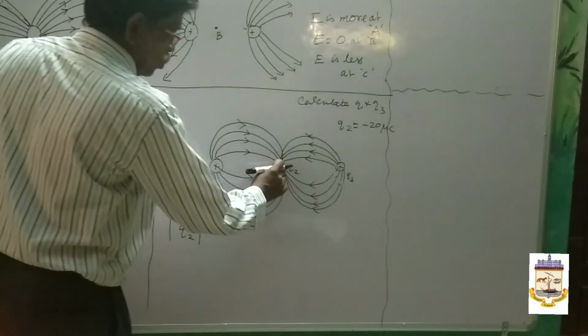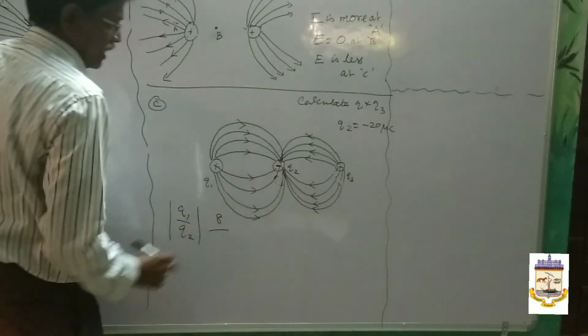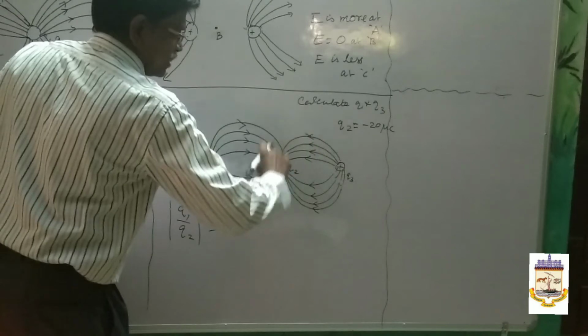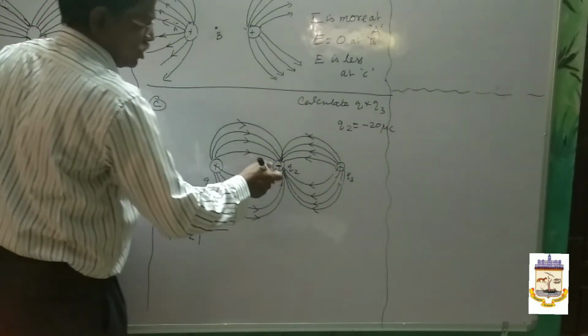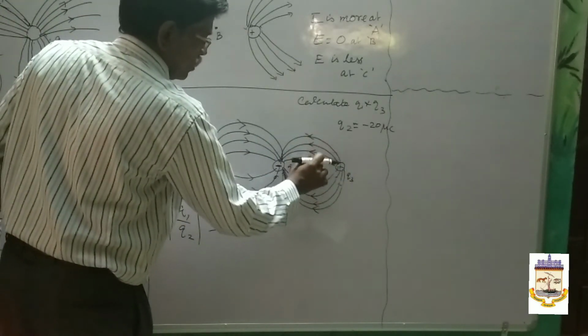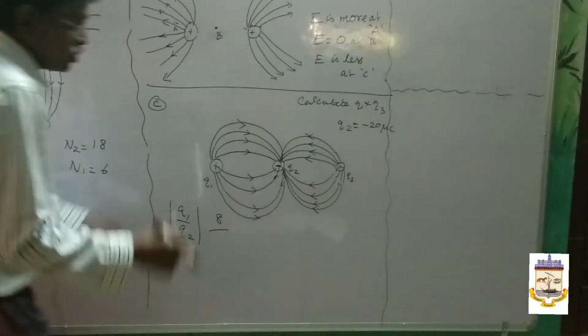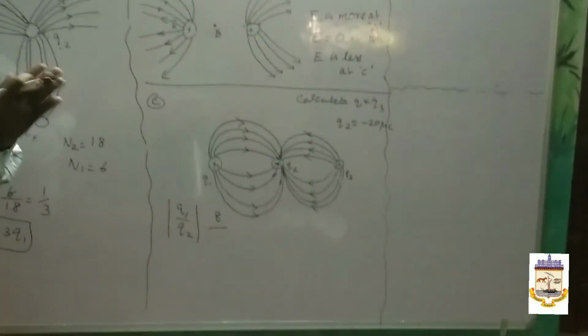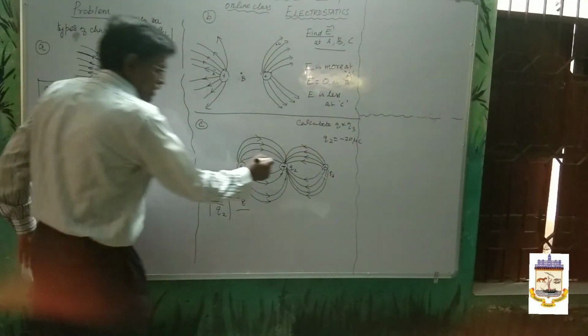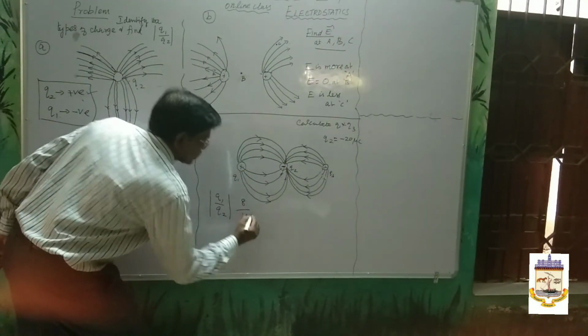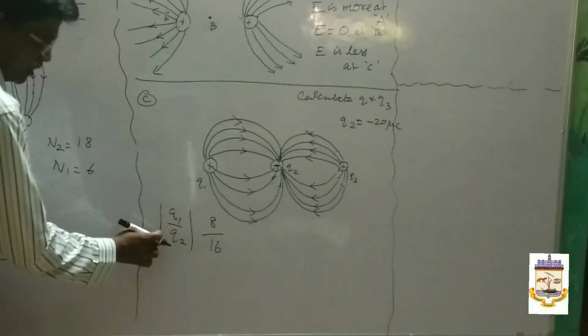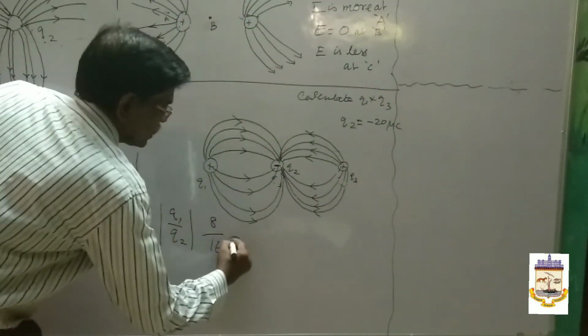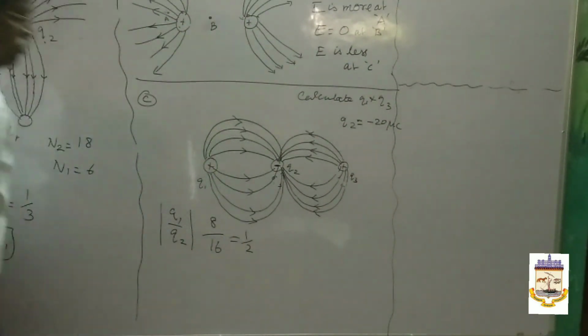For Q2, these 8 lines plus another set of lines are also reaching Q2. So 1, 2, 3, 4, 5, 6, 7, 8. So 8 lines on this side, 8 on this side. Total is 16. So the number of lines ending at Q2 is 16. So Q1 is 8, Q2 is 16. Now what is the answer? If you simplify, what you will be getting is 1 by 2.